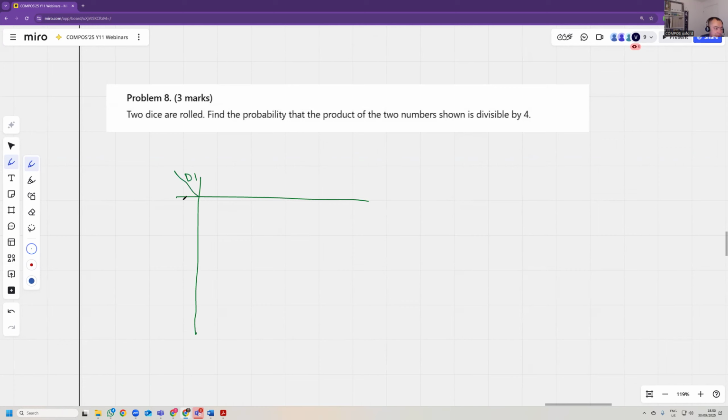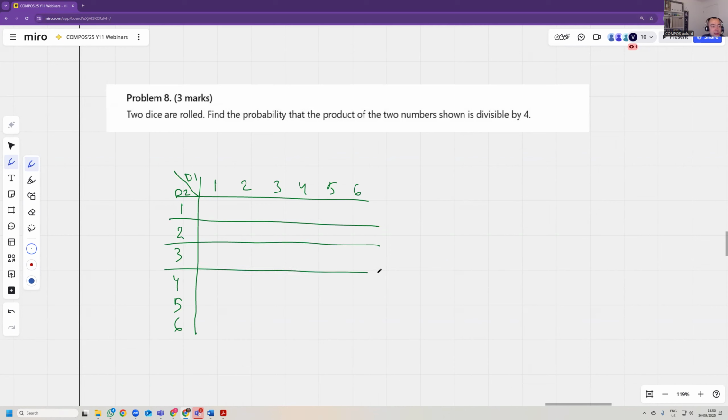So this is dice 1 and this is dice 2. In dice 1 we can have 1, 2, 3, 4, 5, 6. As dice 2 we have 1, 2, 3, 4, 5, 6. So there are 36 outcomes and each of them is equally likely.